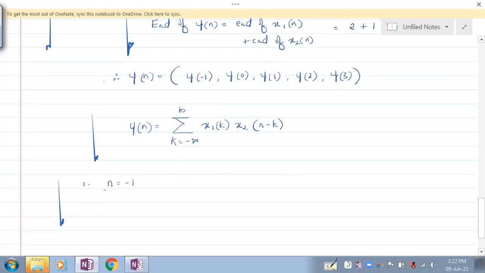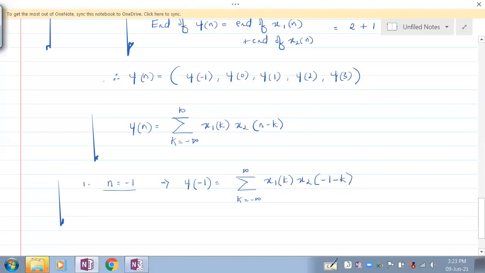So n equal to minus 1 means what we are obtaining is y of minus 1. So what is y of minus 1 given by this equation? Write this summation as it is. x1 of k stays x1 of k throughout because n would vary. Since n is minus 1, it is x2 of minus 1 minus k.